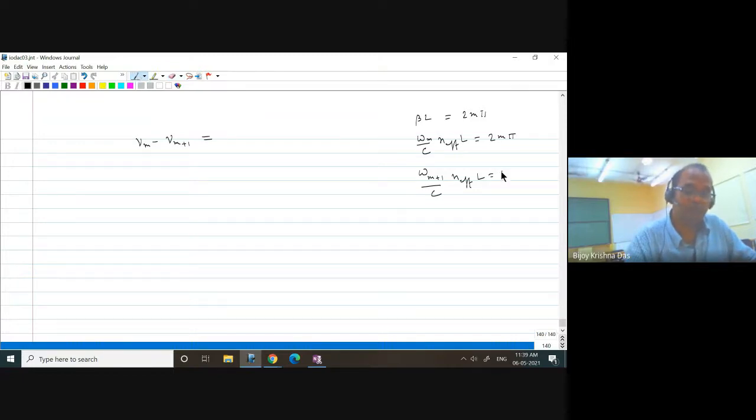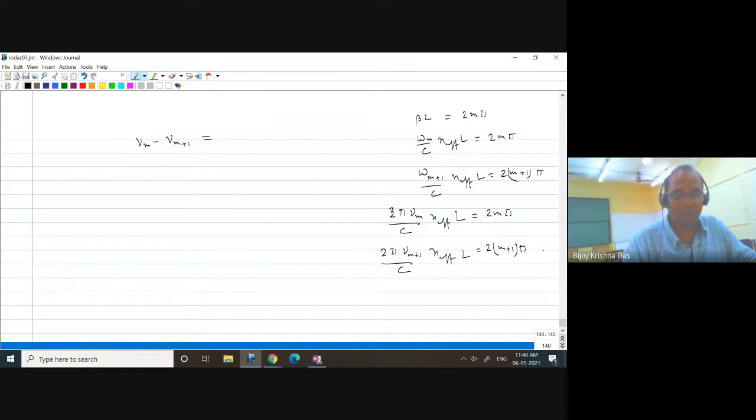It was 2m plus 1 pi. So instead of omega by c, I can write 2 pi nu m by c, n effective L equal to 2m pi, and 2 pi nu m plus 1 by c, n effective L equal to 2 times m plus 1 pi.